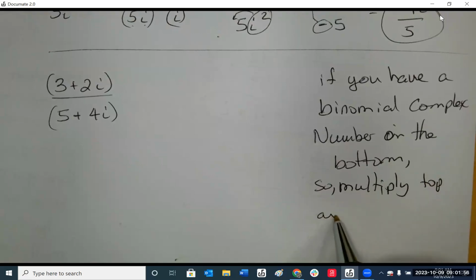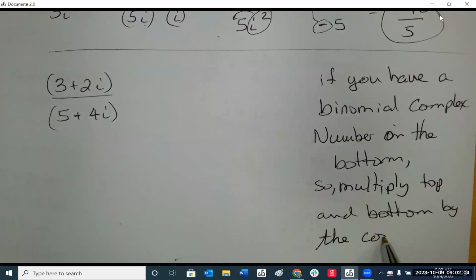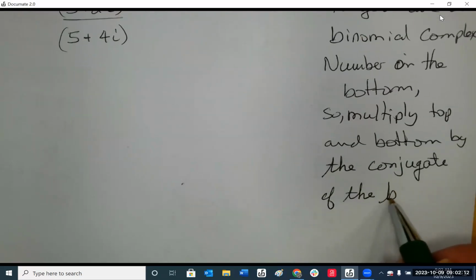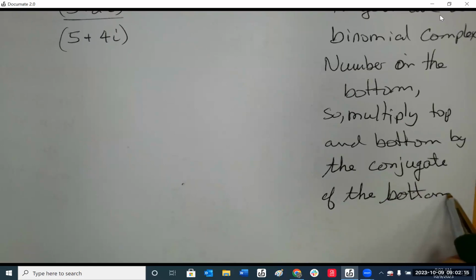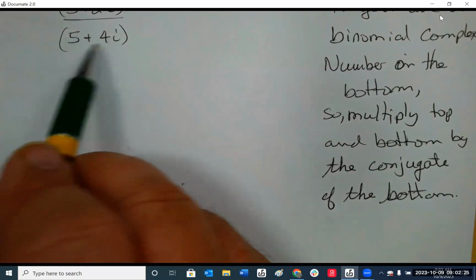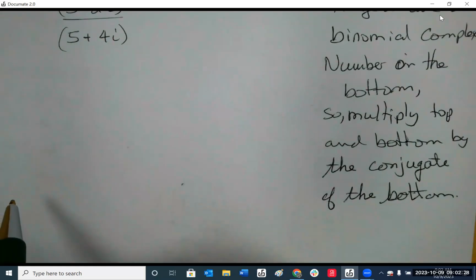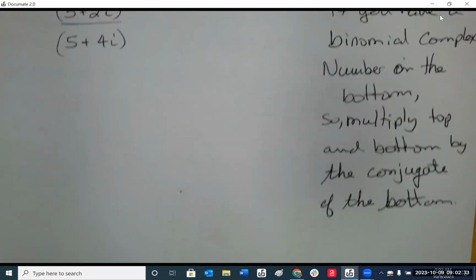So multiply top and bottom by the conjugate of the bottom. So if you have a binomial on the bottom, then multiply top and bottom by that conjugate of the bottom, which is going to be what?